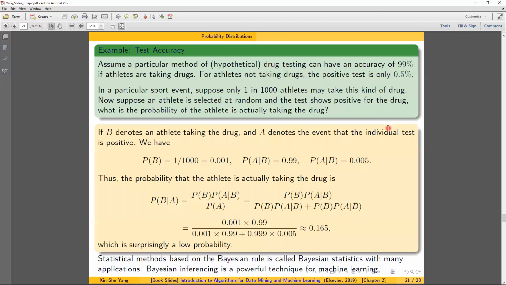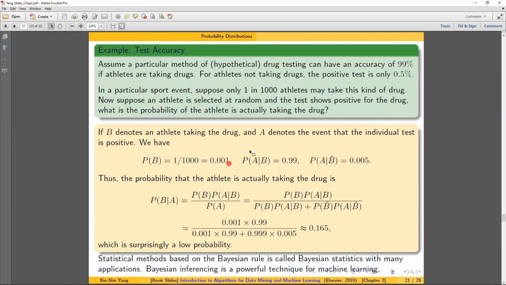Now you have to define different events. If B denotes an athlete taking the drug and A denotes the event that the individual test is positive, then the probability of someone taking a drug, P(B), is 1 out of 1,000, so P(B) is 0.001.